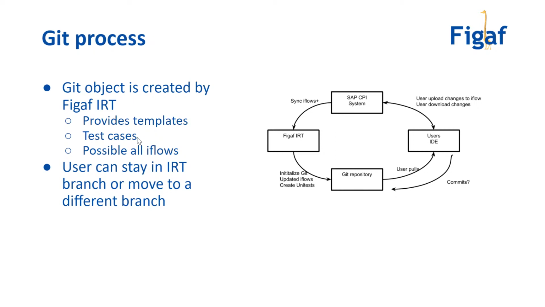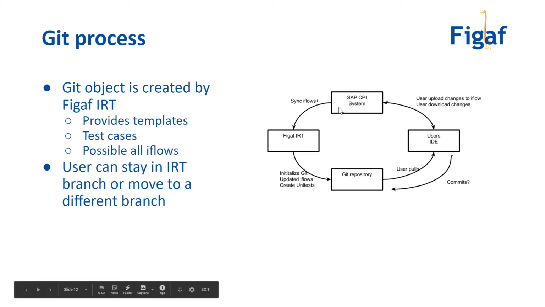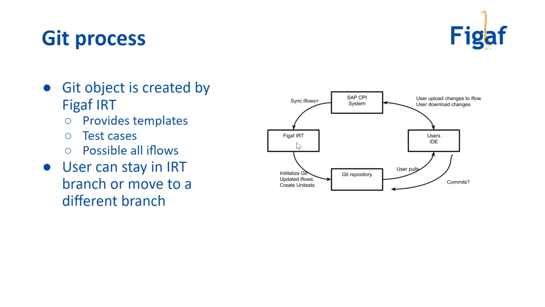If we look at how our Git process works, in the CPI system we have an agent that is listening to the CPI system. It's fetching all the data from here, so it's fetching all iFlows, value mappings, and these kinds of things.